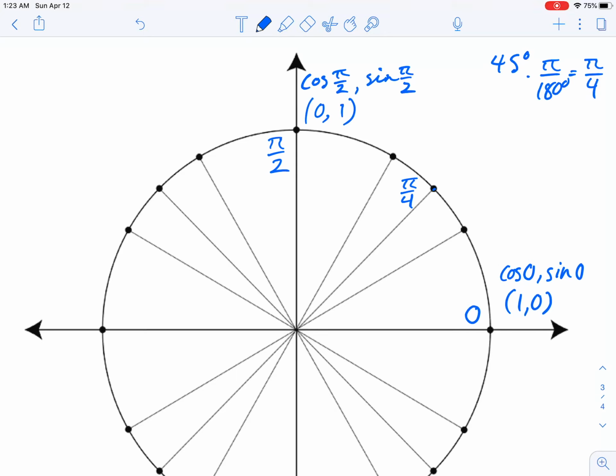Now we also know that this point, if we were to use triangles, would have the coordinates root 2 over 2 and root 2 over 2. So we can say that the cosine of pi over 4 is root 2 over 2, and the sine of pi over 4 is also root 2 over 2.